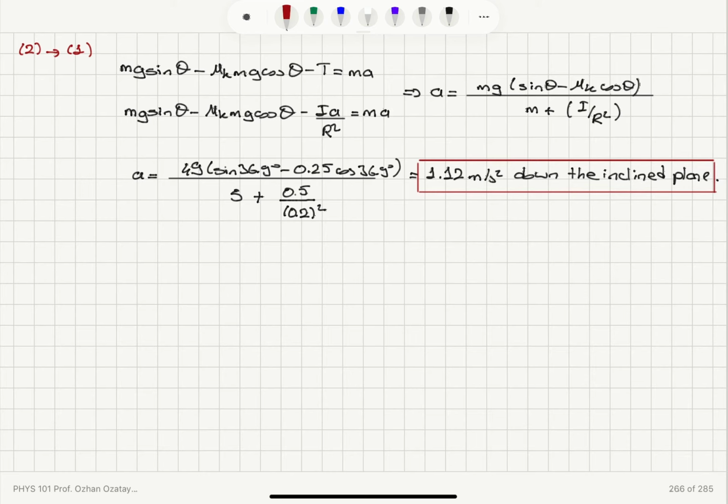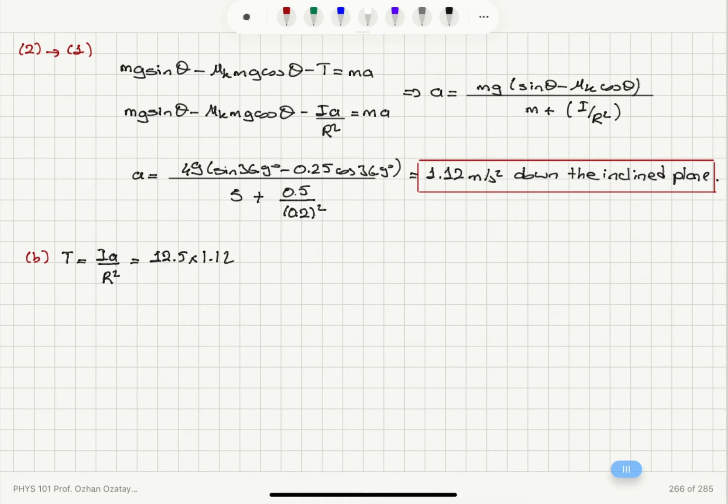All right. And in part B, we were asked to find the tension. The tension is Ia over r squared. The torque equation gave us this result. So this is basically 12.5 times 1.12.